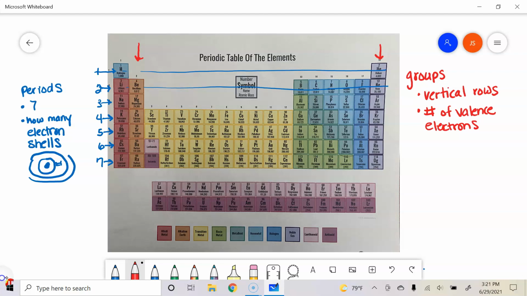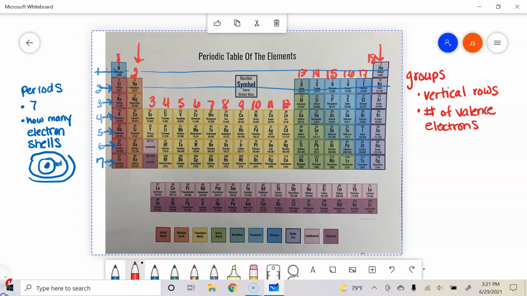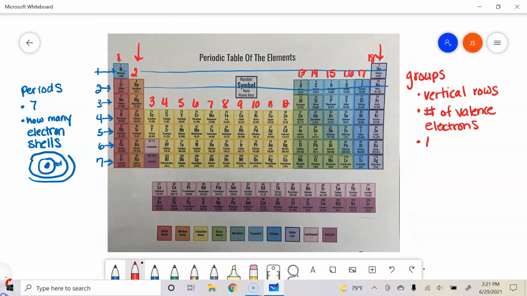The first way is just like periods going all the way across. So this would be group 1, group 2, group 3, group 4, group 5, 6, 7, 8, and this is how they're labeled on your periodic table. And there's 18 groups. So there's 7 rows, there's 18 groups.